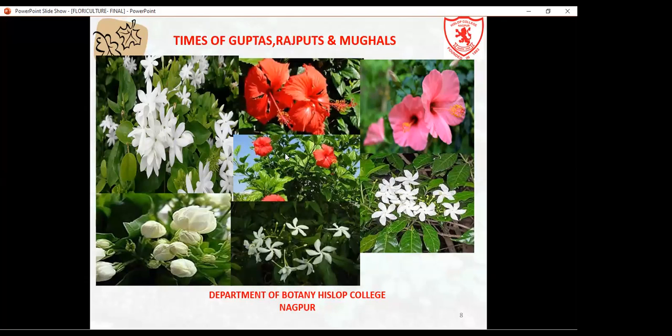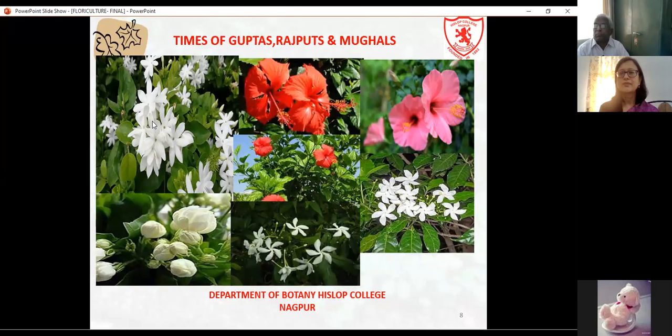During the period of the Guptas, they were also growing trees, but they started introducing some flowering plants like the jasmine, then the hibiscus, which you call jaswant, and then swastika. This is known as Tabernaemontana in botany. In botany, when we say the names, they're little tongue twisters. So the common names you would know are jasmine, jaswant, and the swastik.